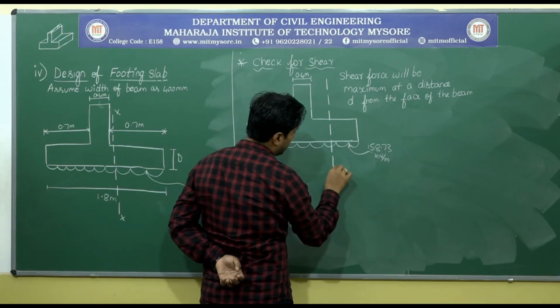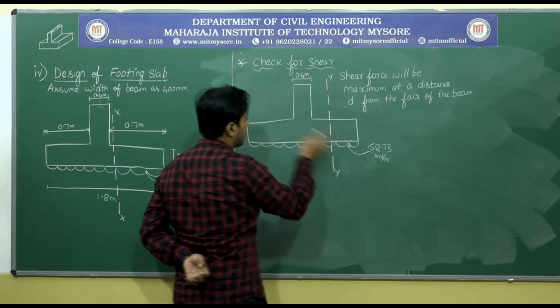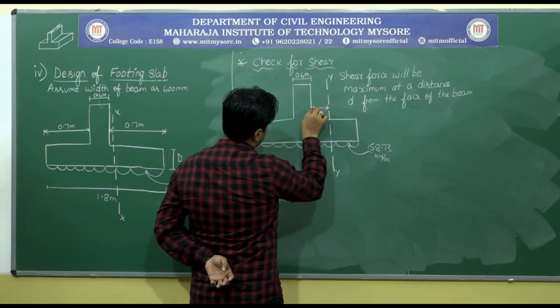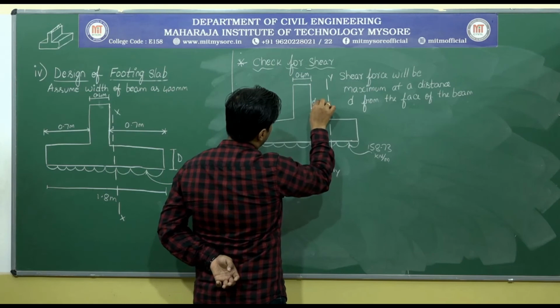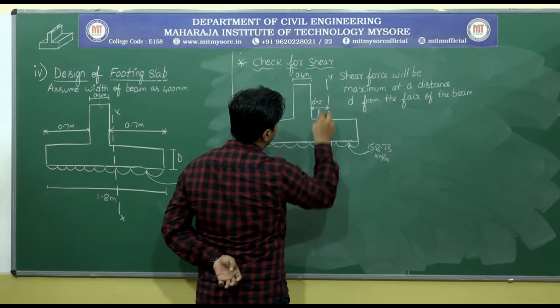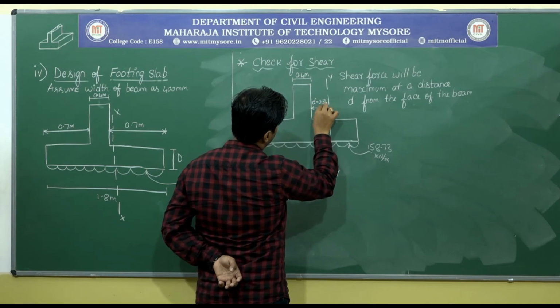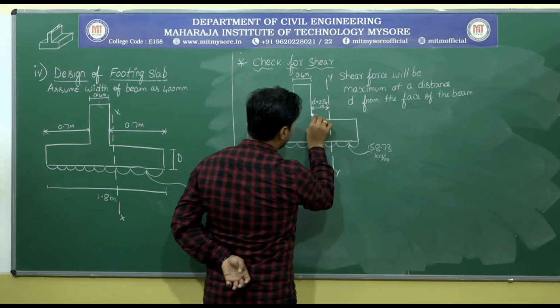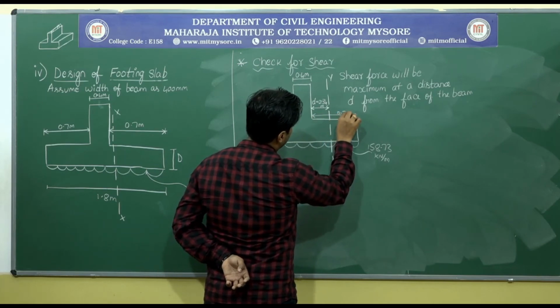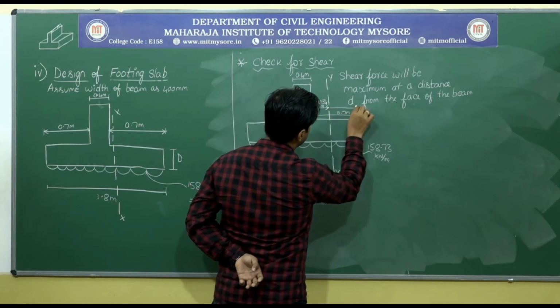Okay, so I will be calling this YY because already I have considered XX. So this is the section which is acting at a distance d. What is the value of d? It's 340 mm, so 0.34 meter. So what is the total value? It's 0.7 meter. Already we have calculated it. So then what is the remaining distance?